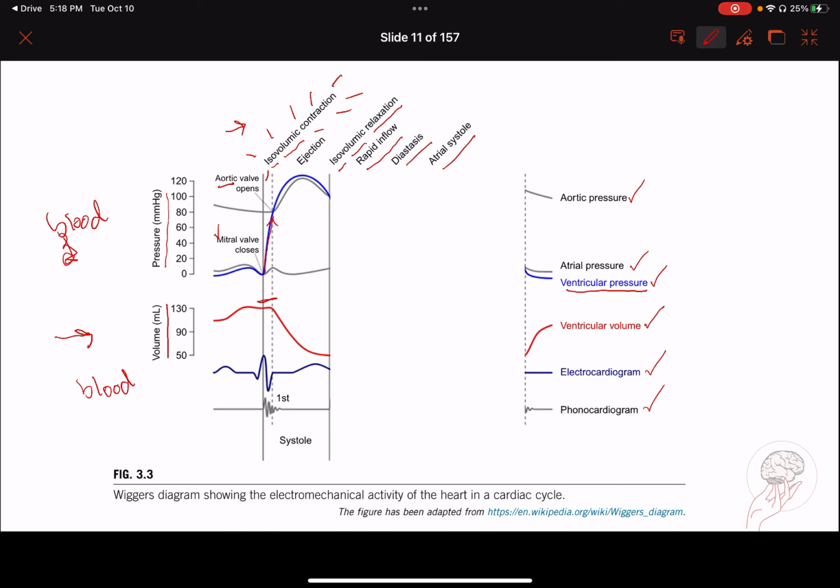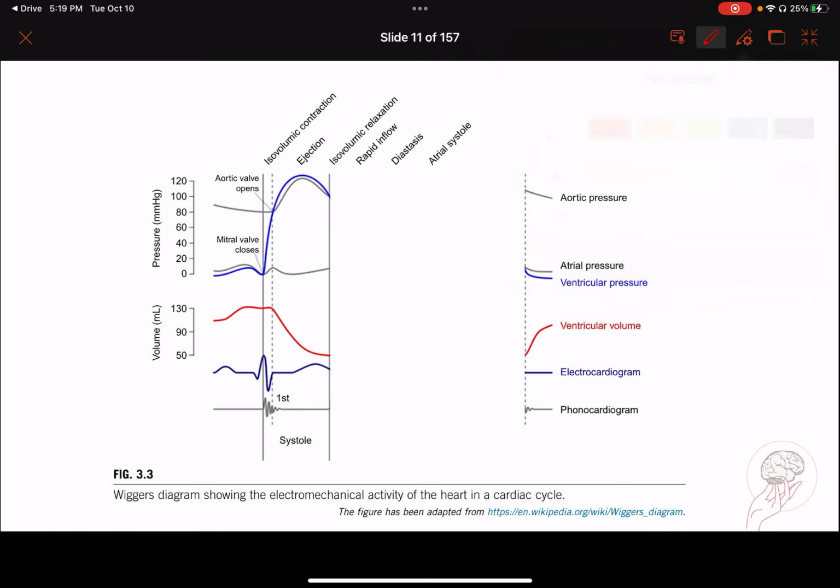And so we see with ejection, the volume decreases because it's leaving the ventricle. Ventricle volume decreases. If we look at our electrocardiogram, that's where we see our first wave. And once the aortic valve opens, it smooths. On the phonogram, this is when we'll hear our first noise.